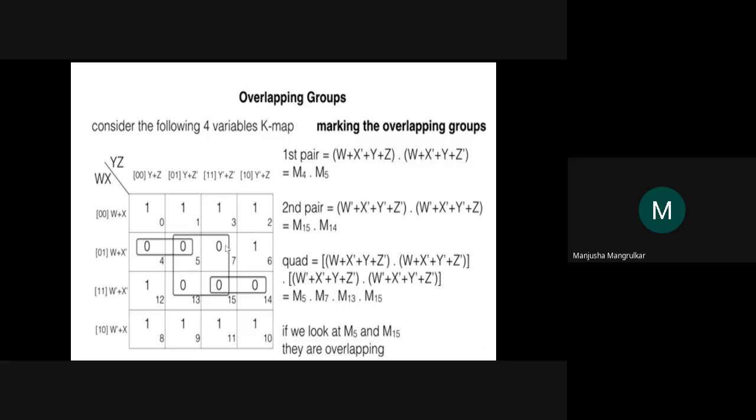So we will get one term with these four zeros. Now this zero and these zeros are left. If I'm considering this zero, I will get the term of four variables, W complement, X complement, Y complement plus Z complement.